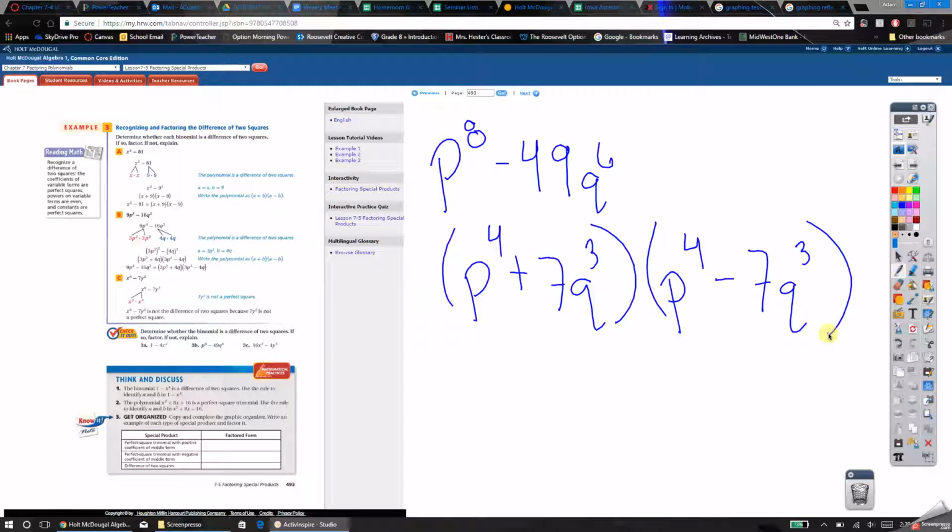So the square root of p to the 8th is p to the 4th, the square root of 49 is 7, the square root of q to the 6th is q to the 3rd. And it is a difference of two squares because those terms would cancel and it would give you the original binomial.